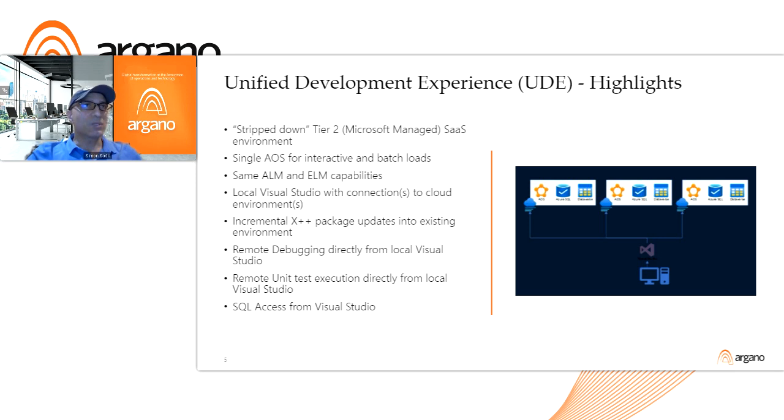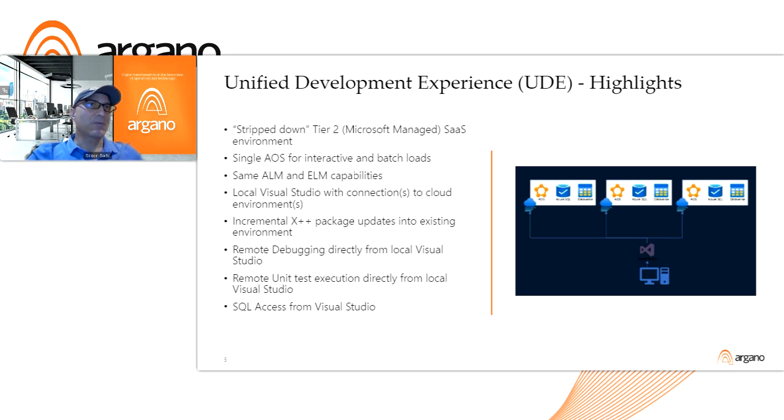We also will see in the UDE that we typically have a single application object server, or AOS. It's no longer a server. In the cloud, it is actually running as a web service inside IaaS and manages various interactions with the user.